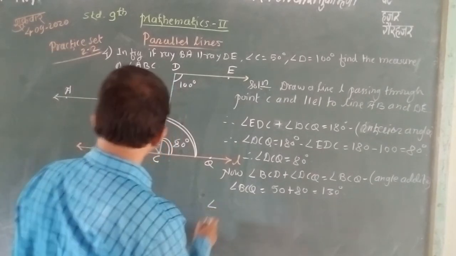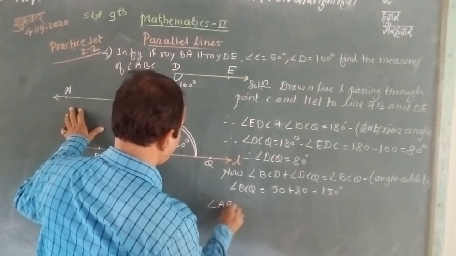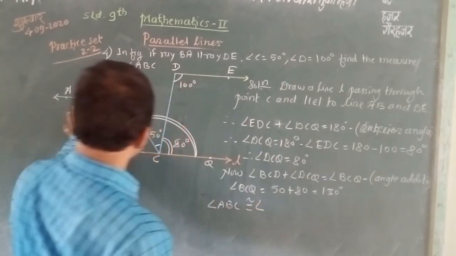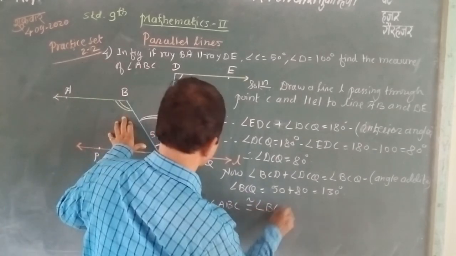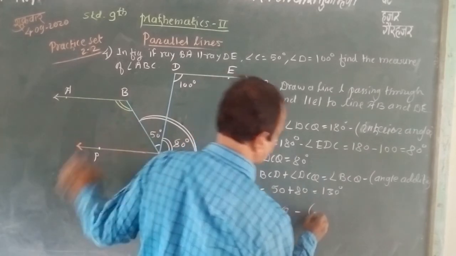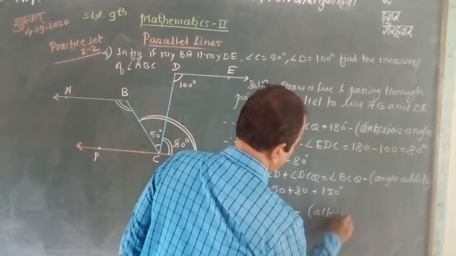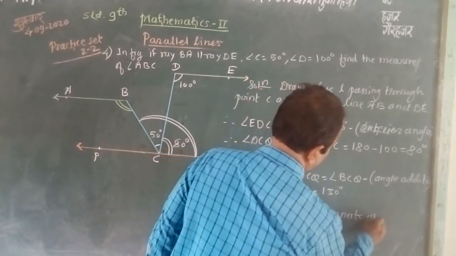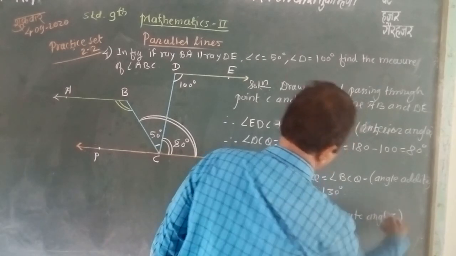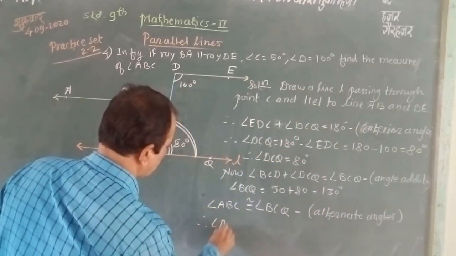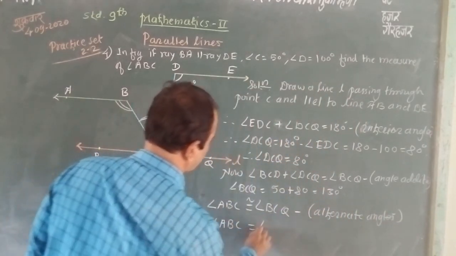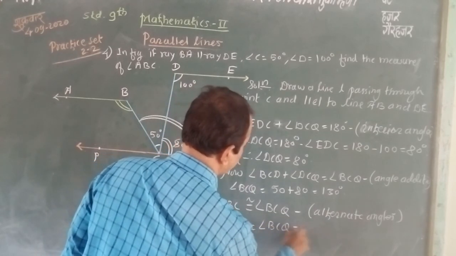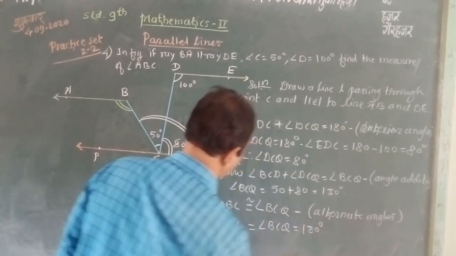Therefore, angle ABC is congruent to angle BCQ. This is nothing but alternate angles. Therefore, angle ABC is equal to angle BCQ is equal to 130.